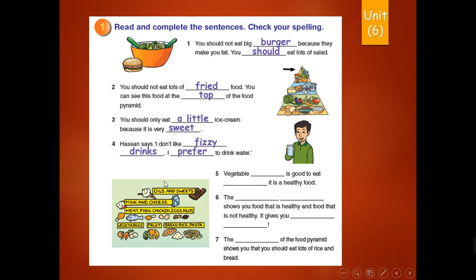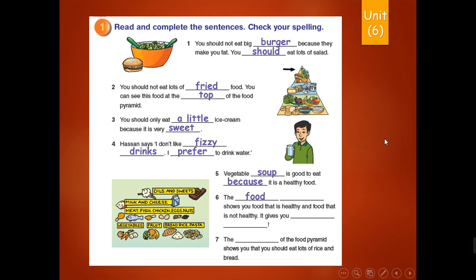5. Vegetable soup is good to eat. What do you think? Easy. Vegetable soup is good to eat because it's healthy. It's a healthy food. Okay? 6. The food pyramid shows you food that is healthy and food that is not healthy. What is this? What do you think?